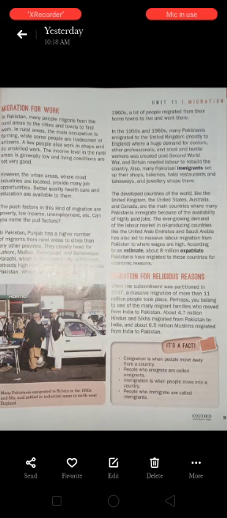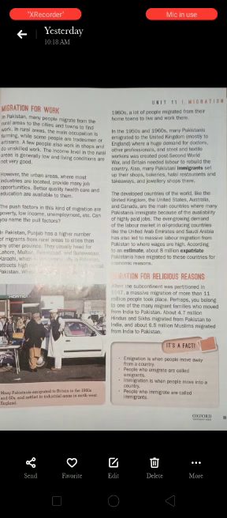Now we have the topic migration for religious reasons. First I told you in whole what the reasons are that people migrate from their home country to a new country. I gave you the reasons one by one along with examples. Now we are doing the reasons individually. First we discussed migration for work.